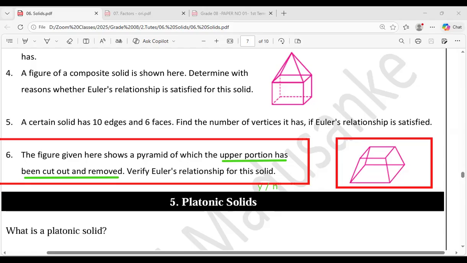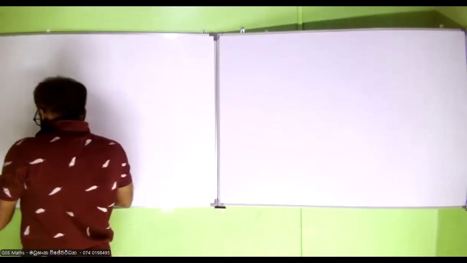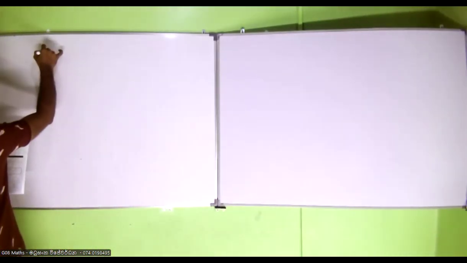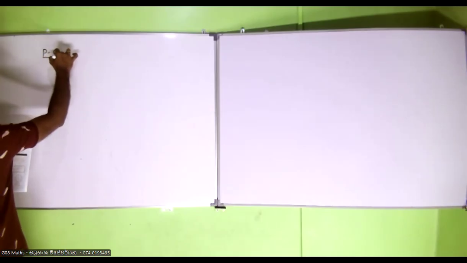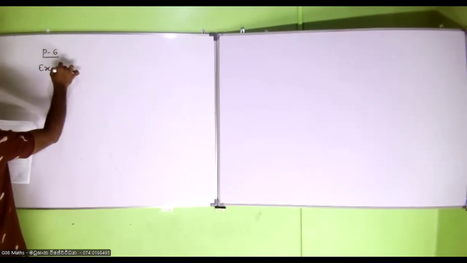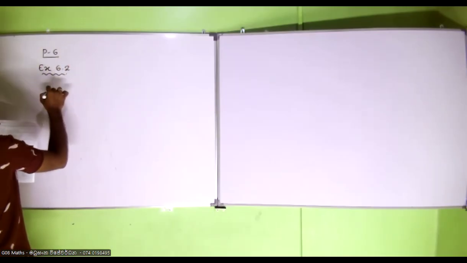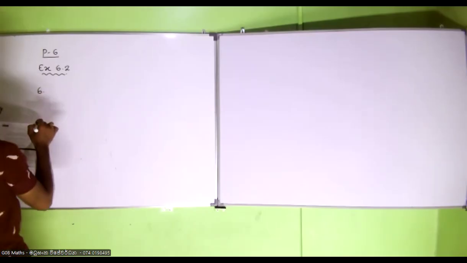So it looks very easy, right? So I will do it on the board. Now pay your 100% attention on the board. I'm going to do it step by step. Page number 6, Exercise 6.2, sixth question.